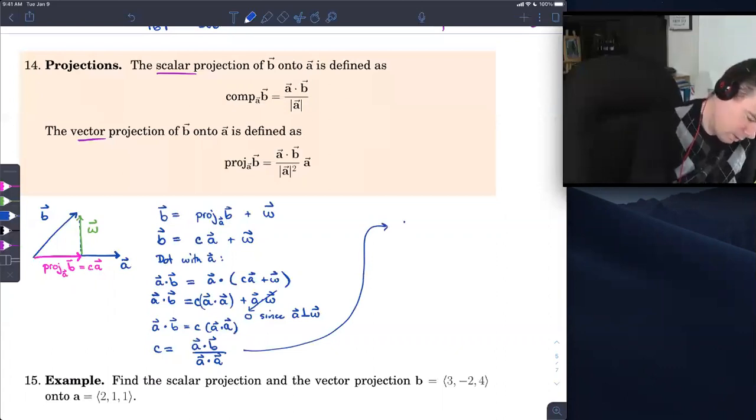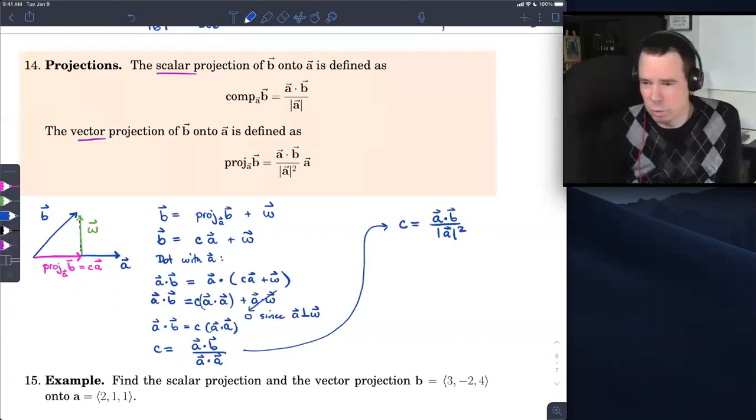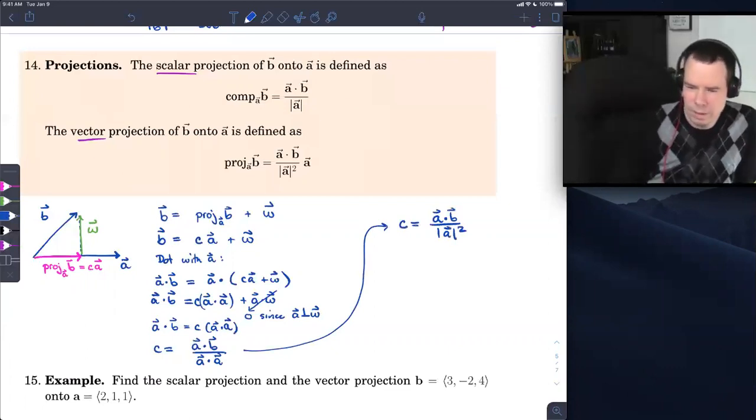So that means that C is equal to A dot B over, and the dot product of a vector with itself is just its magnitude squared. And so that's the value of that constant C. The value of that constant C is this quantity here.